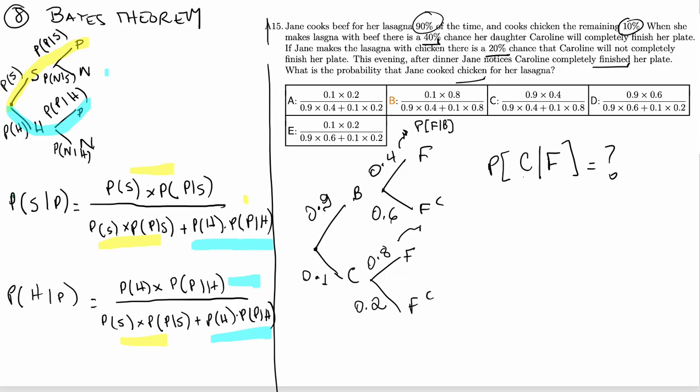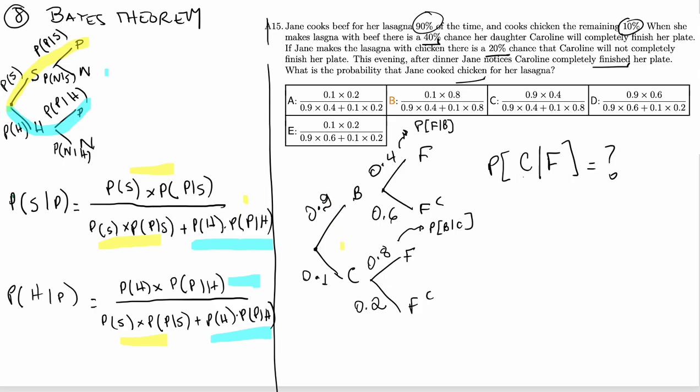And here is the probability that you finished given chicken. It's the sequence. Chicken and beef come first. But look here. I want to reverse the question. I want the probability that, given that I saw that Caroline finished her plate, what's the probability that it had been chicken? Okay? So the question is this.